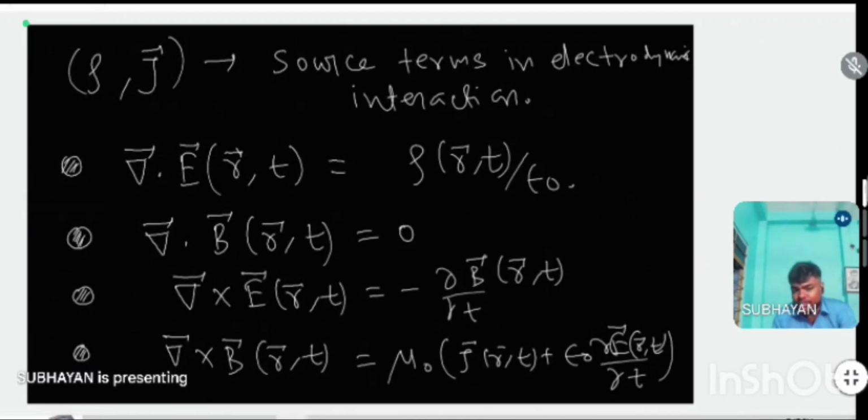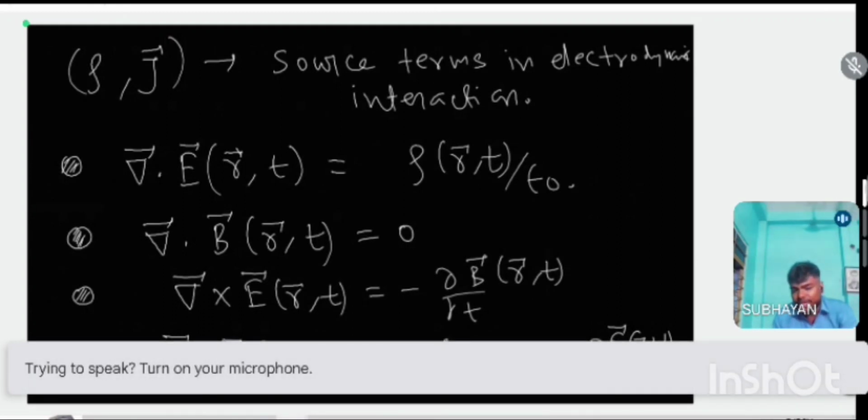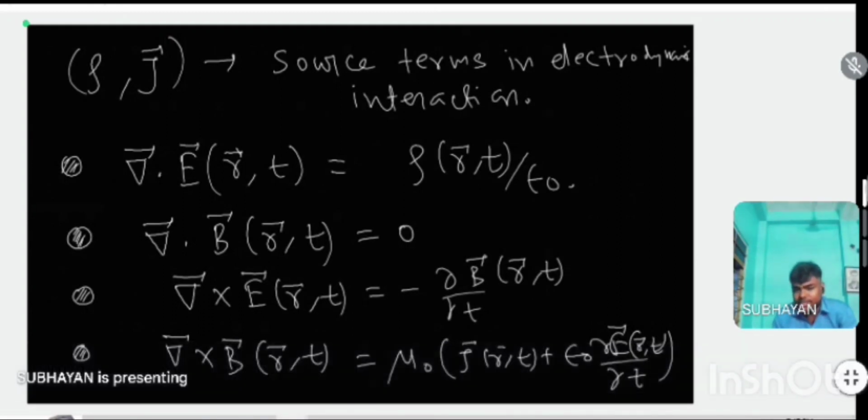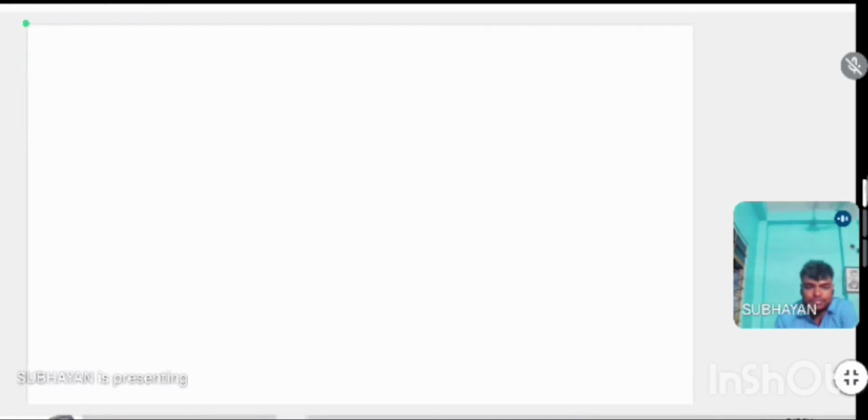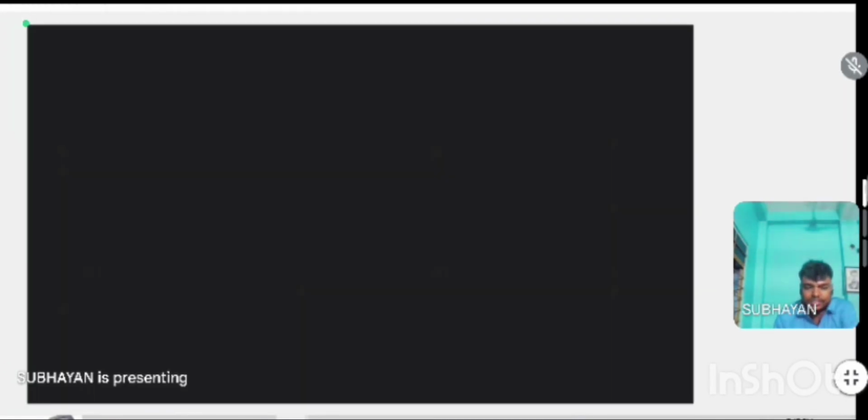That means the x component of curl of E is equal to the x component of that, the y component of curl of E is equal to the y component of that. So any vector equation is an assembly of three scalar equations. So these two are actually six equations. So 3 and 3, 6, plus 2. So there are 8 equations.